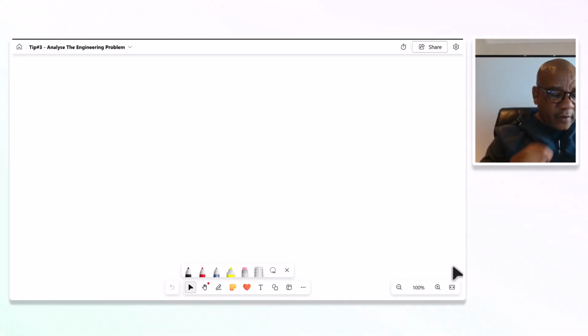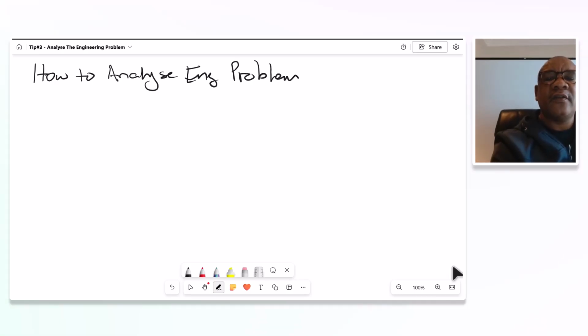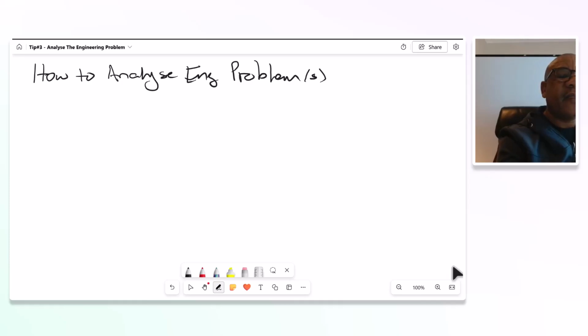So the first thing, I'm going to quickly write it down here: how to analyze the engineering problems. So number 1, the things here you need to use.